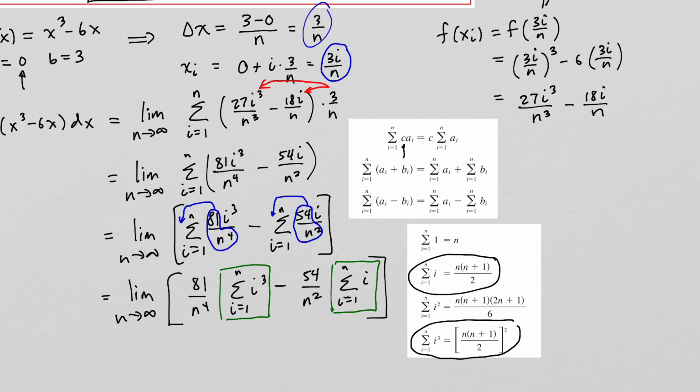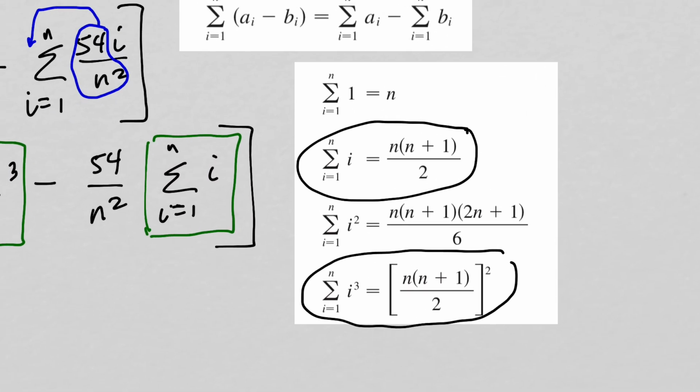Because we have the sum of i cubed and we have the sum of i. So let's go ahead and put in those values. So it turns out that the sum of i cubed is this formula here. And we won't get into why these formulas are true. Usually we talk about this in pre-calculus. Let's just use these formulas right here. So we can literally replace the summation with this expression.